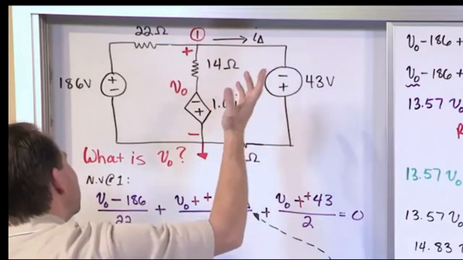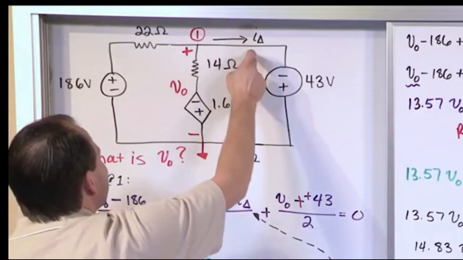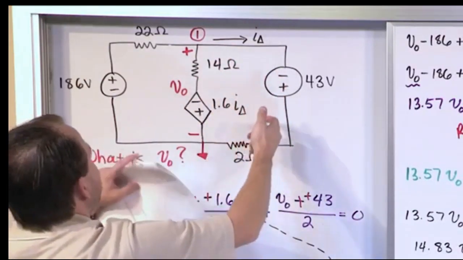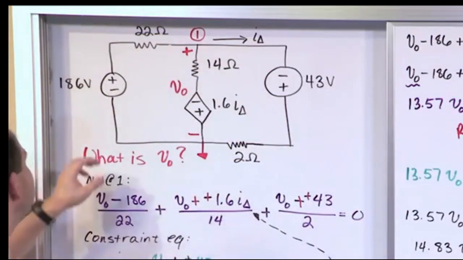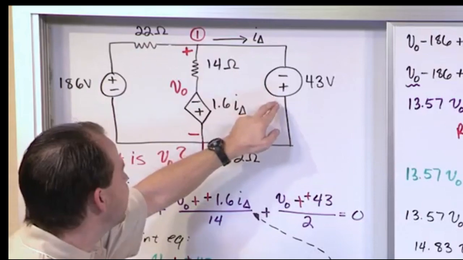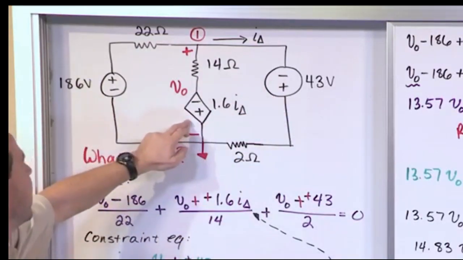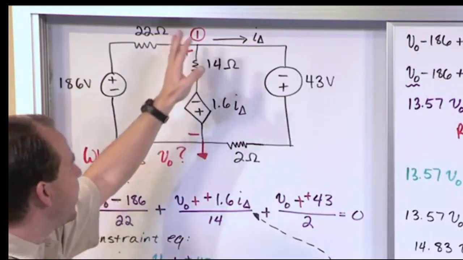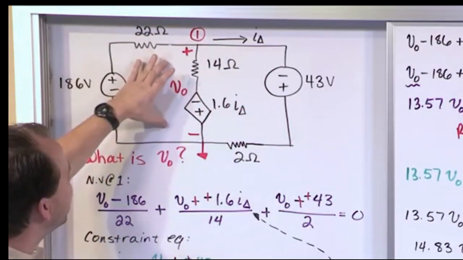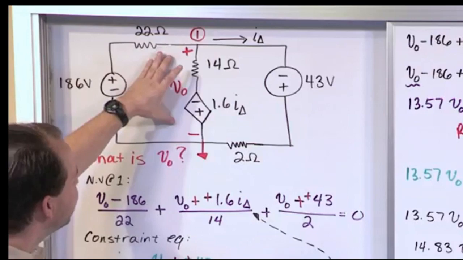So what basically ended up happening is this current was large enough to make this voltage large enough to drag the whole thing and basically flip it upside down. So even though I have 186 volts in this orientation, the fact that I have this guy flipped upside down and this guy flipped upside down, and the way the currents all worked out, made everything large enough so that V0 actually is not oriented in the direction that I've drawn it.